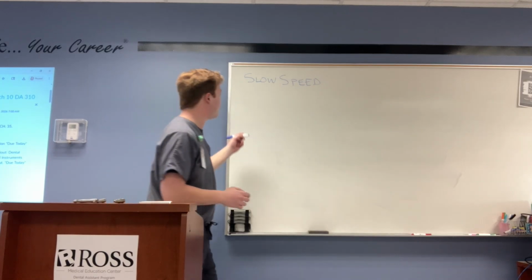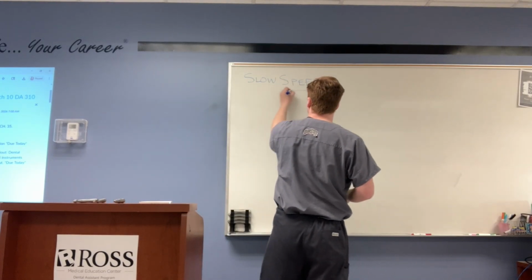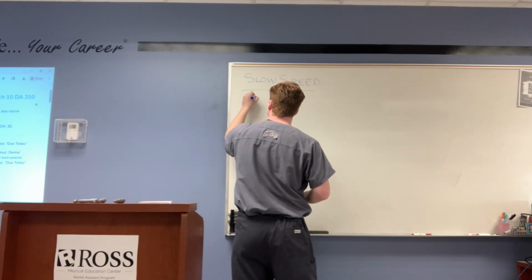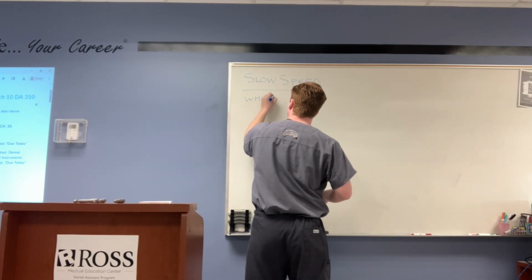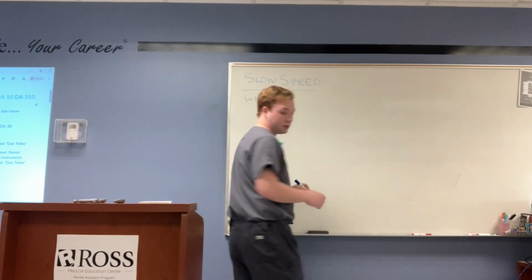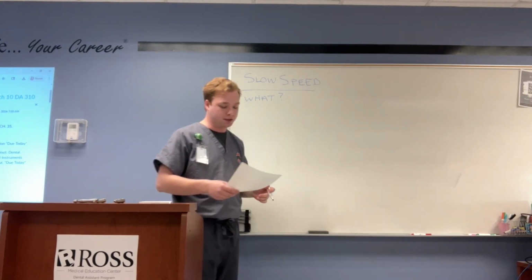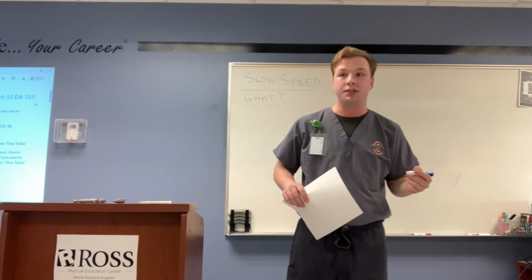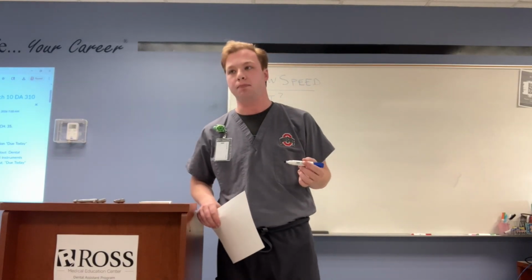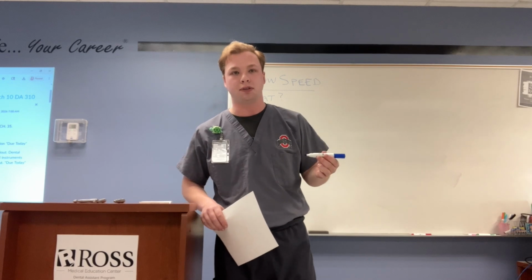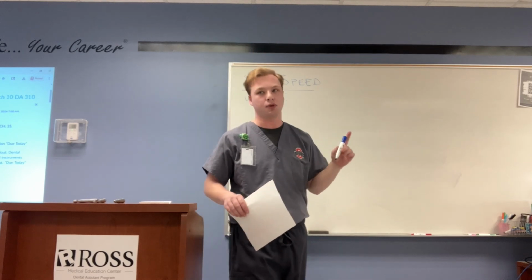So let's talk about what it actually is, the slow speed handpiece. What is it? Well, the speed of it is 5,000 to 30,000 RPM. So 5,000 to 30,000 rotations per minute.